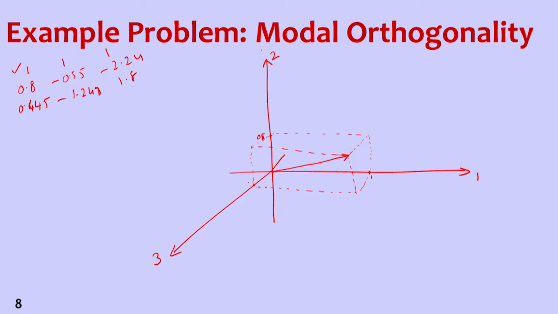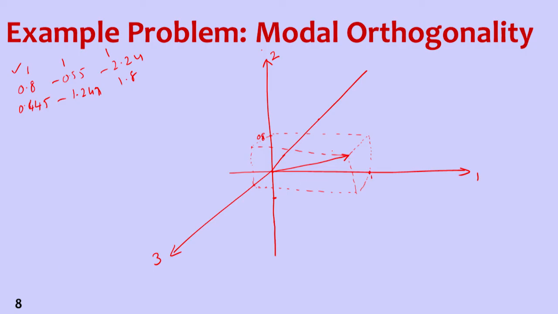Then the second mode: in the first coordinate it is 1 only, but in the second coordinate it is minus 0.55, and in the third coordinate it is minus 1.2. So if we look at this coordinate system, all positive is on one side, but this one has two negatives and one positive.